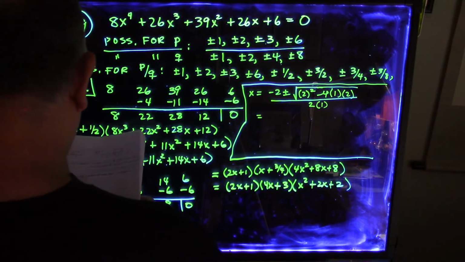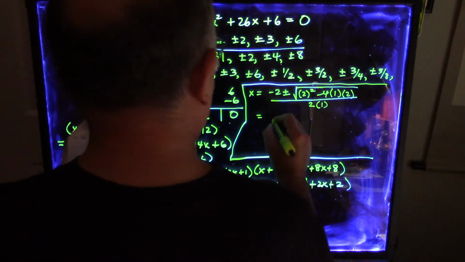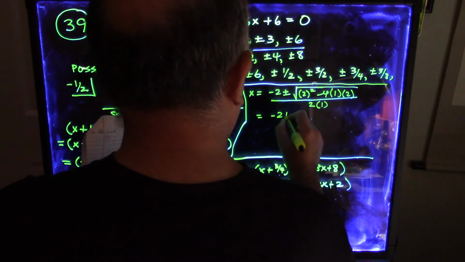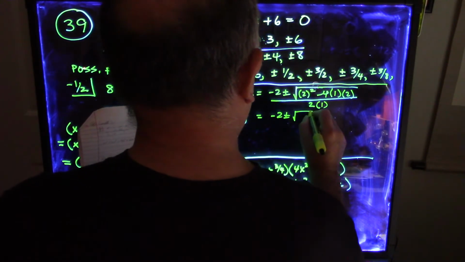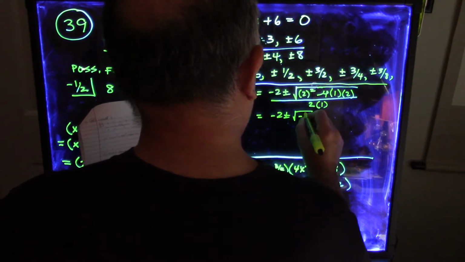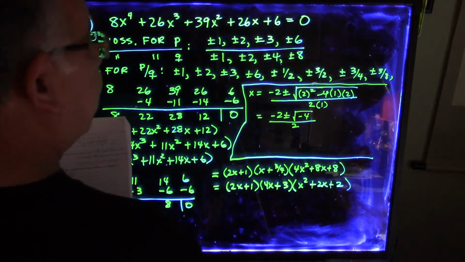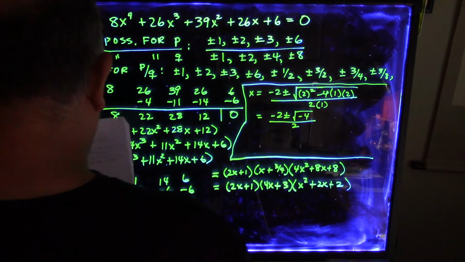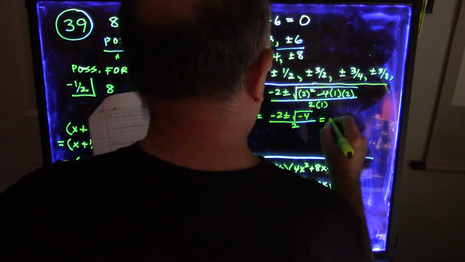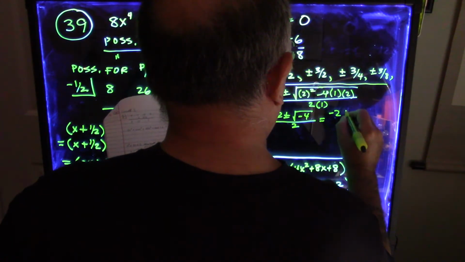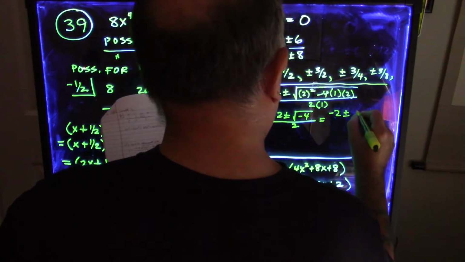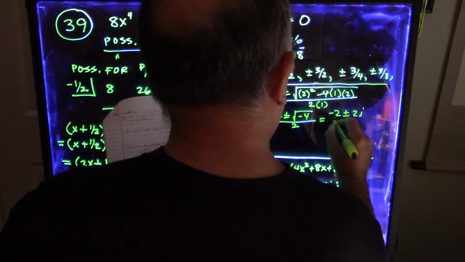So you're going to get negative 2 plus or minus square root of negative 4 after all is said and done in there over 2. And this is equal to negative 2 plus or minus a 2i over 2.